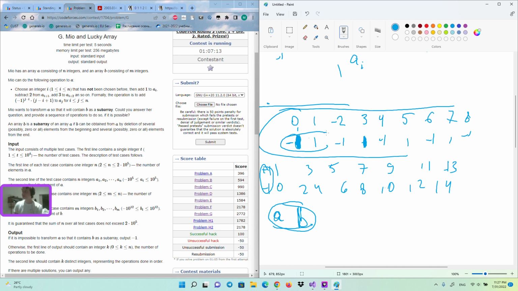Okay, let's find them. Okay, let's fix our B. Okay, for example, B equals, I don't know, 3. So we take these three numbers.